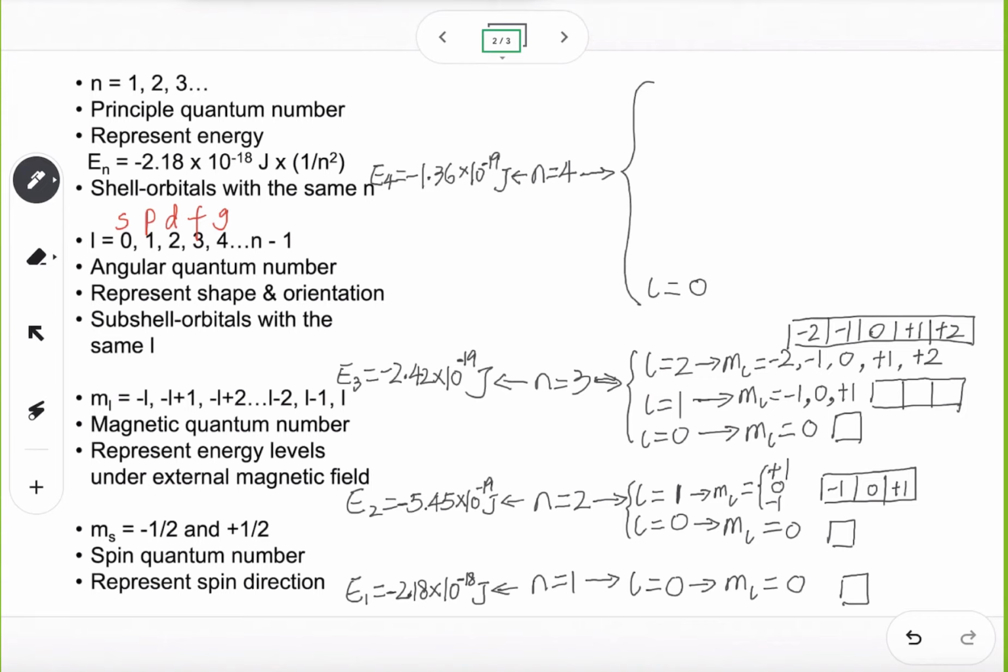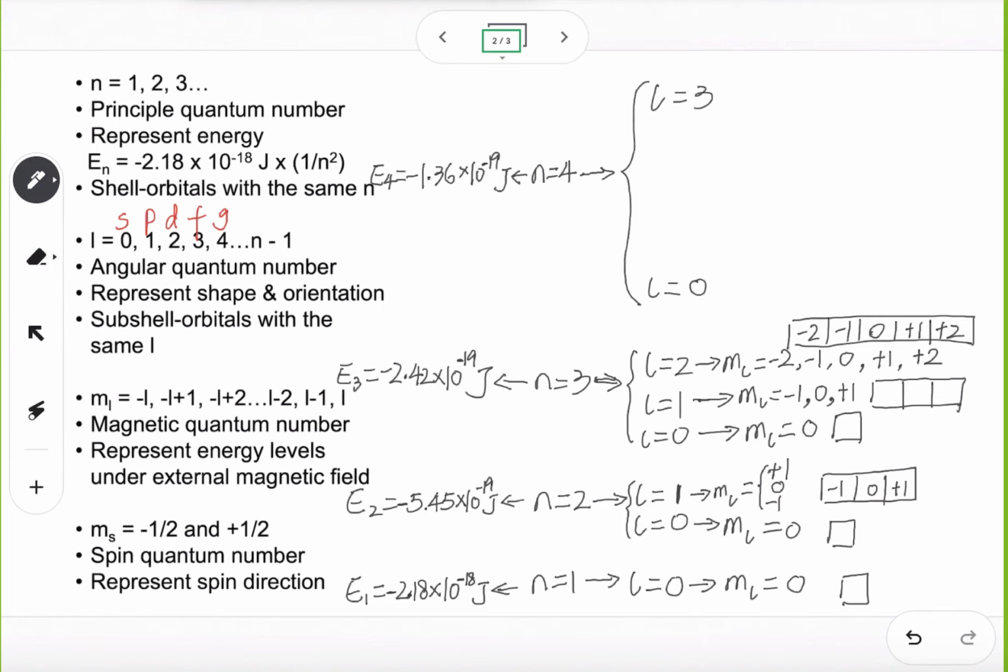Now the next value, well, this is the lower limit for L. The upper limit for L would be n minus 1. When n equals to 4, 4 minus 1 is 3. That means the upper limit for L is going to be 3.